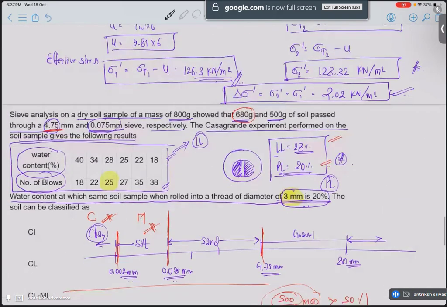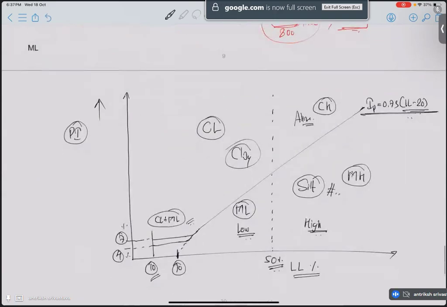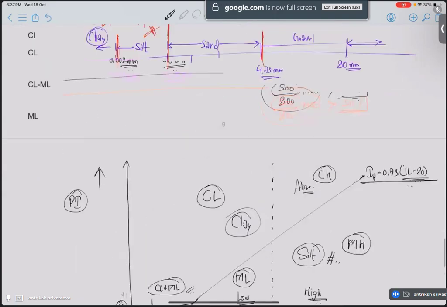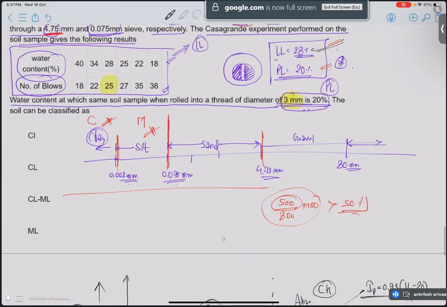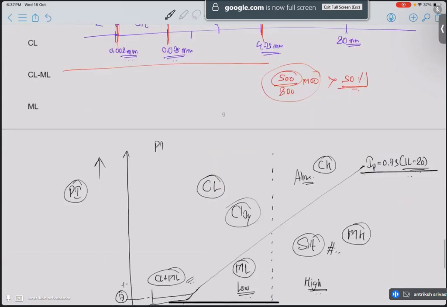So our liquid limit is 28, so definitely it is low compressible, right? And the plastic limit is 20. So the plasticity index in our case is 8%. And the one which we calculate from the formula is 0.73 into 28 minus 20, so it is 0.73 into 8.